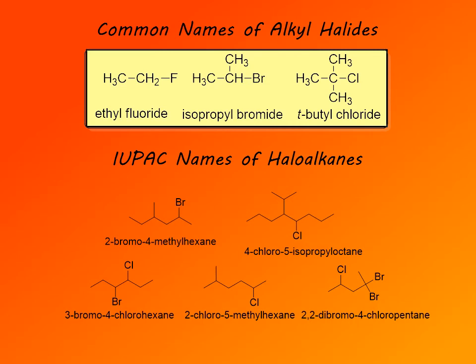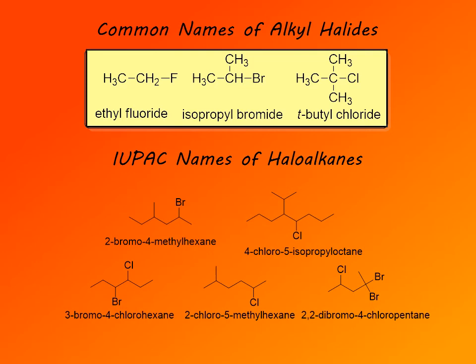So the parent chain is the longest chain of carbon atoms that contains the halogen atom. And the halogen atom is named as a substituent. When the halogen atom is named as a substituent, it has the suffix -o. So it's named as fluoro, chloro, bromo, or iodo.